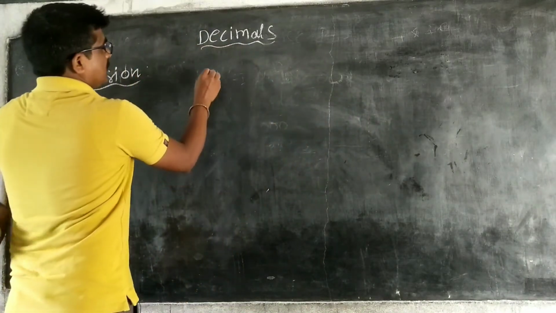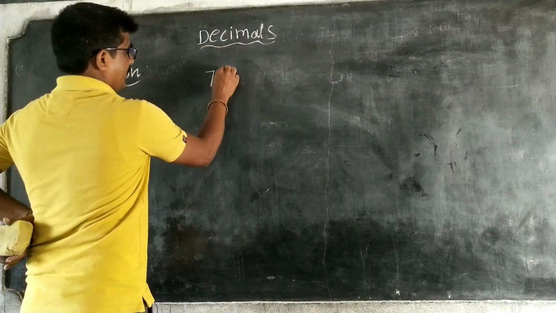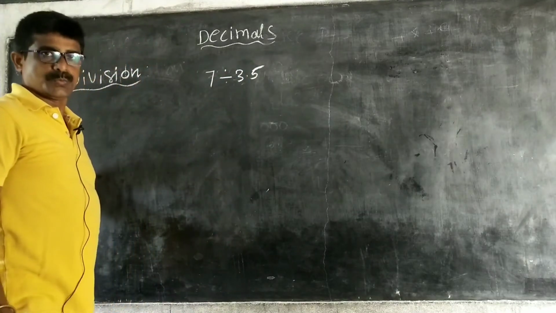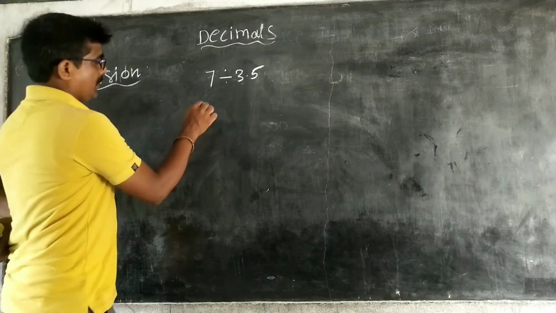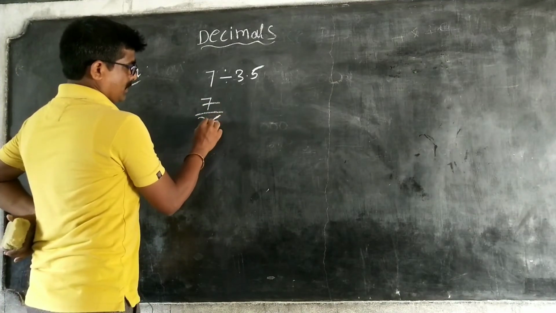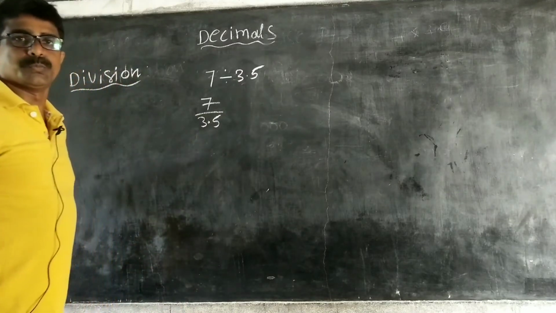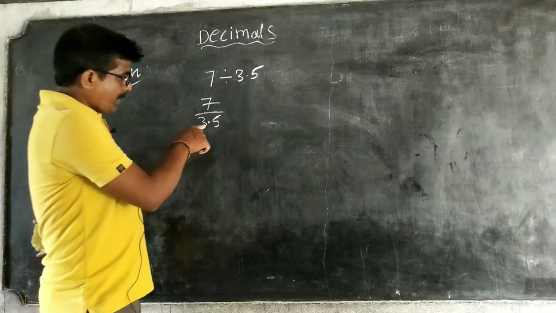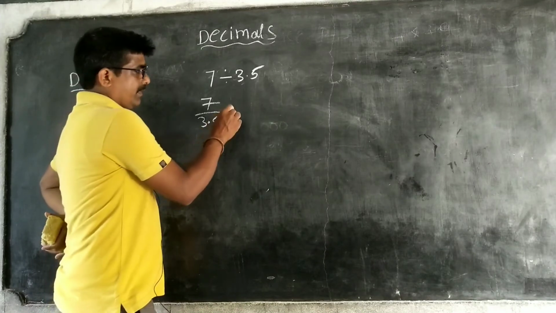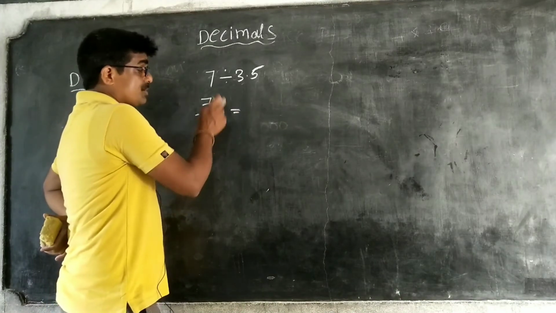Again, one more. 7 divided by 3.5. How do we do it? Simply write 7 by 3.5. Here the point is after how many digits? 1 digit. That's why that many zeros keep opposite.